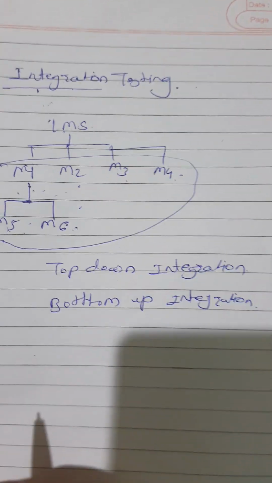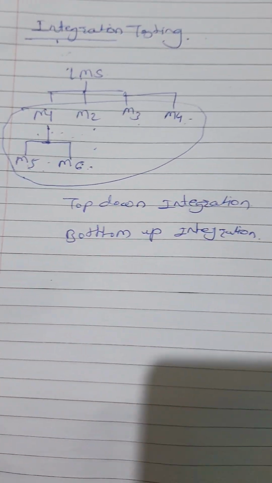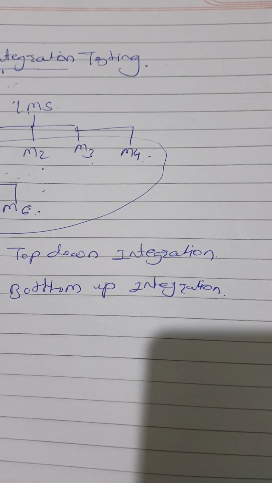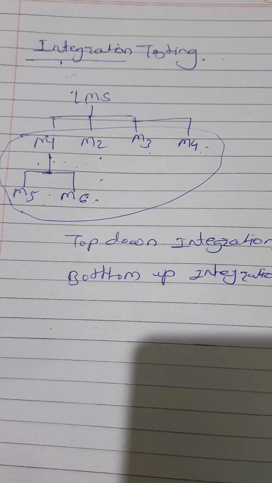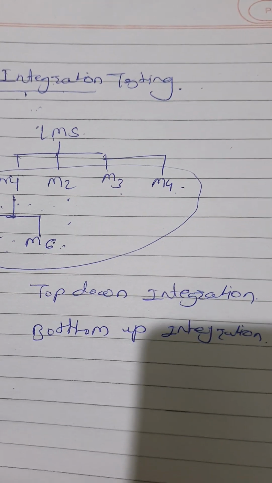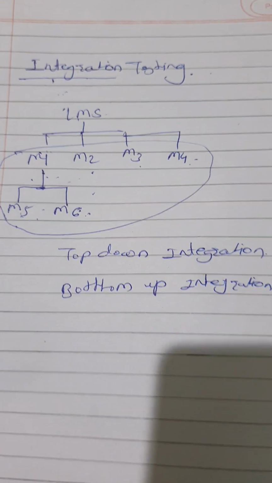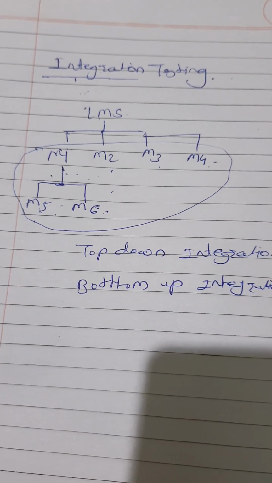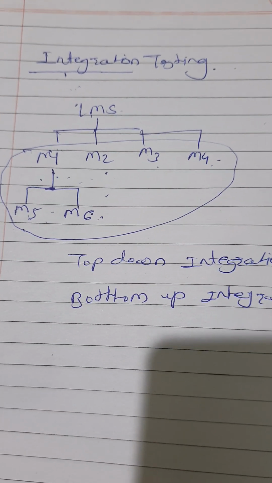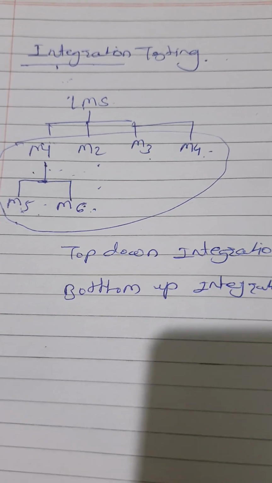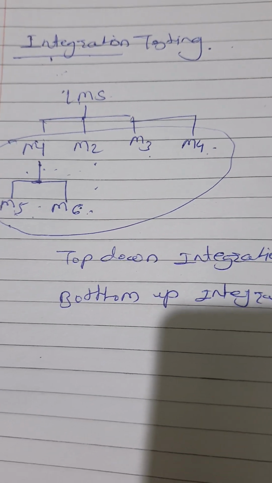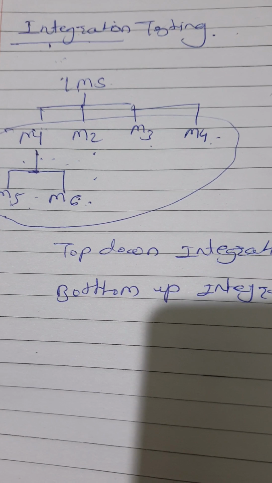Big Bang and sandwich or mixed integration are also types of integration testing, but these two are important. Integration testing occurs after unit testing and before system testing. After unit testing, because unit testing is performed on individual parts or separate modules, and system testing is performed on the overall system. So it is a mediator or middleware between unit testing and system testing.